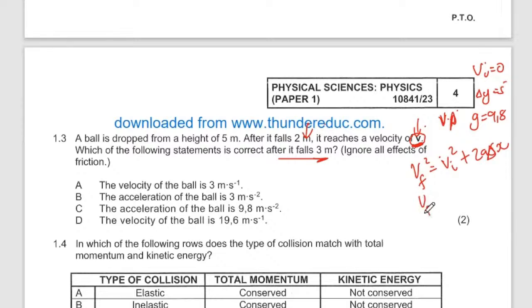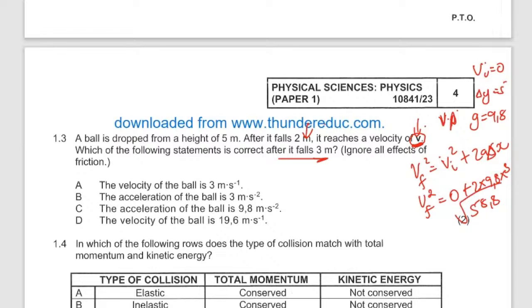So our VF squared, we initially said VI is 0. Plus 2 times 9.8 times 3. Okay, so when I get to my calculator, 2 times 9.8 is going to be 19.6. Then 19.6 times 3 is giving me 58.8.